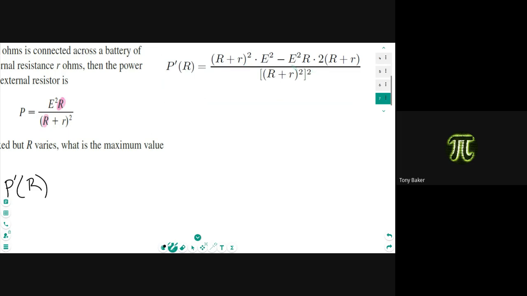Yeah. Because you've got that there. So you can cancel out that one, and so we still have r plus r to the third on the bottom. You could do that. That would save you some foiling time. Good catch.